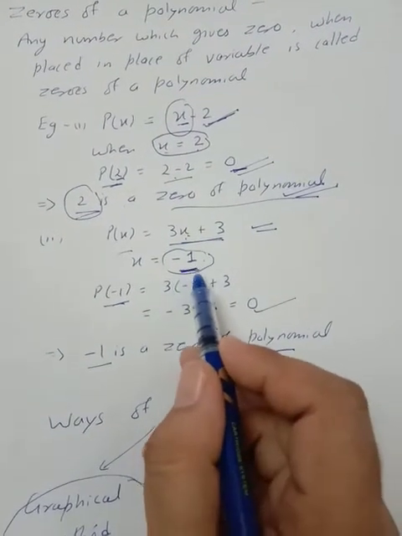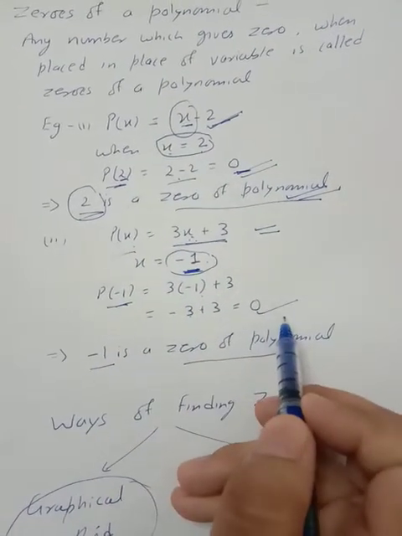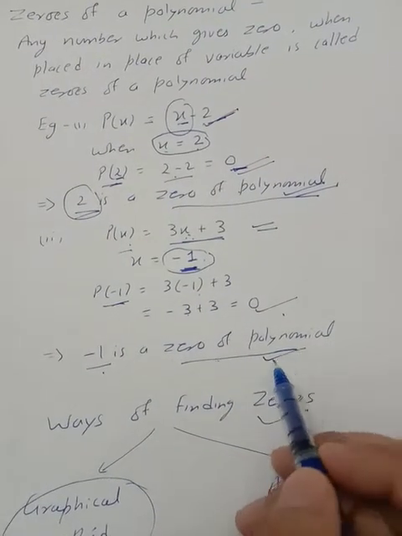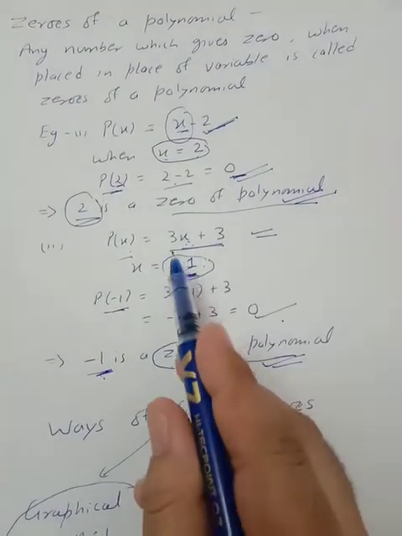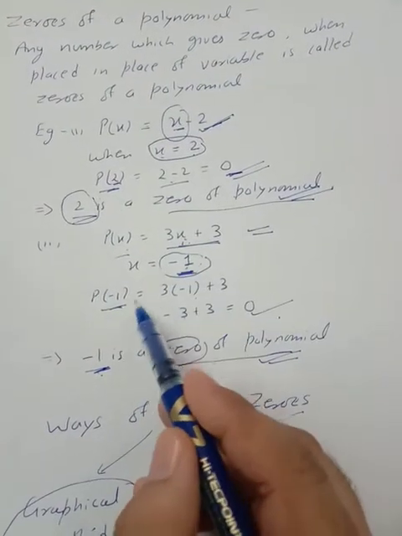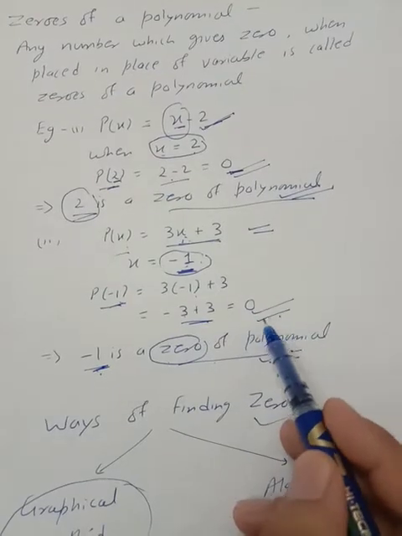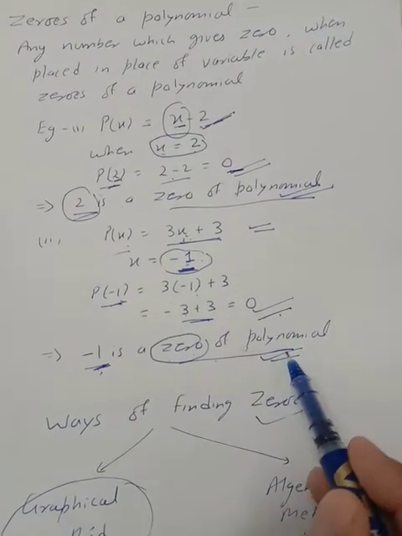On placing minus 1 in the place of x, I get the answer 0. It means minus 1 is a zero of the polynomial. So a zero is basically any number which, when placed in place of the variable and on further solving, gives the answer 0.